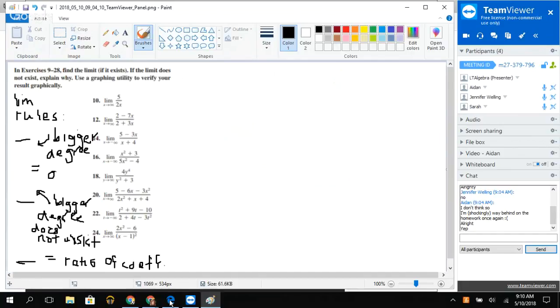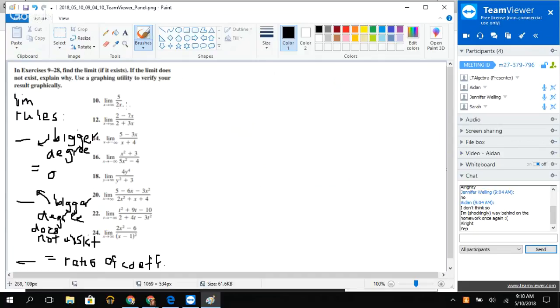I think the first rule and number 10 are the easiest to understand. What is the limit as x approaches infinity of 5 divided by 2x? This is a case where the denominator has a higher degree, right? We have x in the denominator and we don't have any number in the numerator.